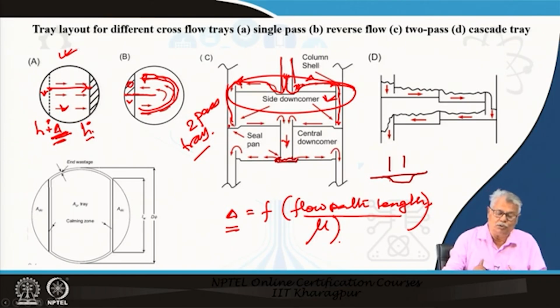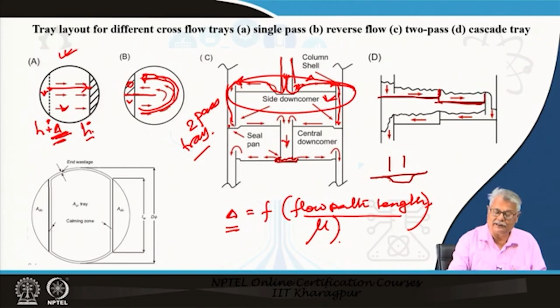You can also split the flow path in a large diameter tower into two continued sections. In that case, what will we have? We will have the first weir here, then a stepped portion of the same tray. This is the first step, this is the second step, and a second weir here.